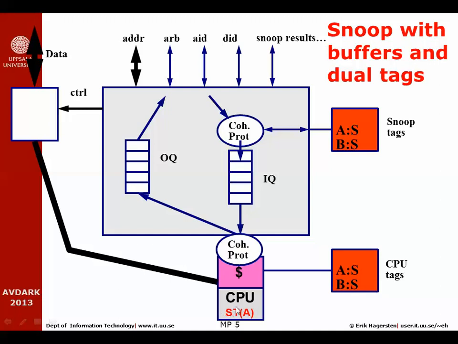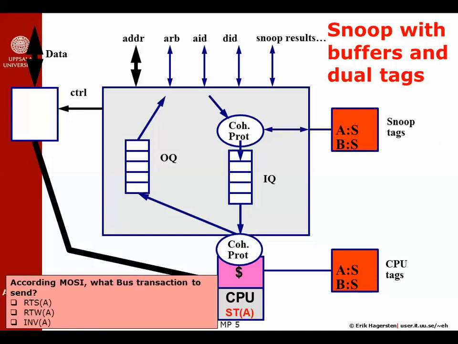The CPU wants to perform a memory instruction, a store to the cache line A, and we have the cache line A in state shared. So according to the MOSI protocols that we've discussed earlier, what bus transaction will be sent up here on the Snoopy bus, on these wires up here, caused by the fact that the CPU down here wants to store to a cache line in state shared?